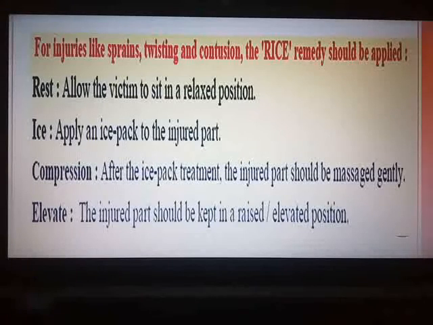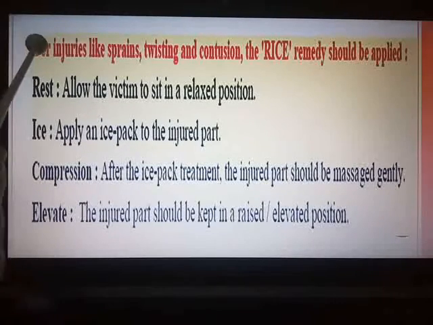After a disaster, the patient is mentally and emotionally very tired. He keeps on thinking about the situation, how much of a wound he has suffered, where his near and dear ones are. So first, the victim should be allowed to sit in a relaxed position.